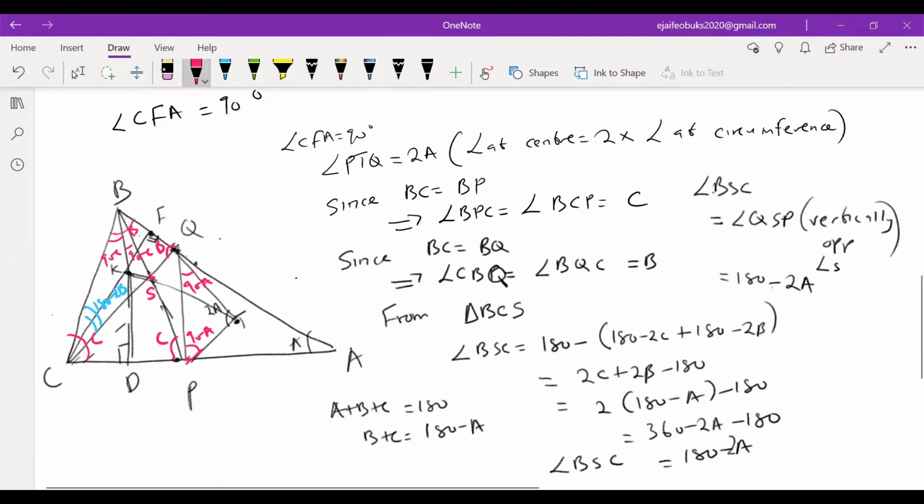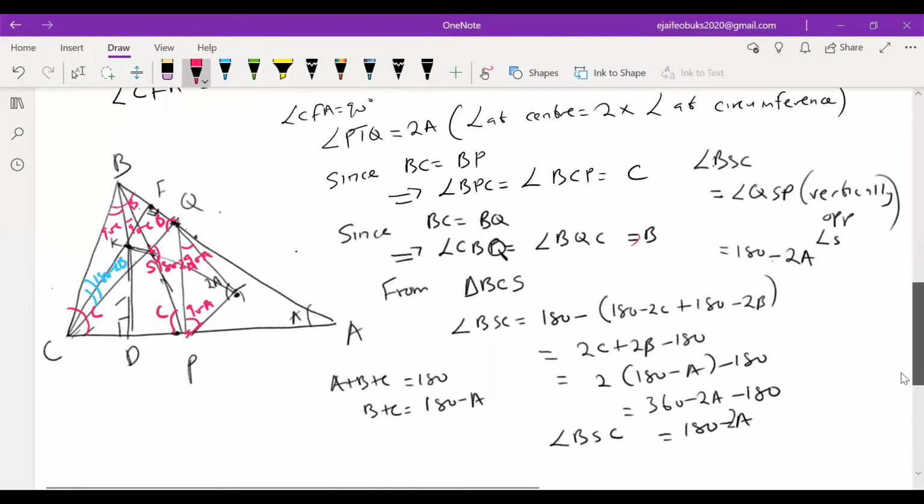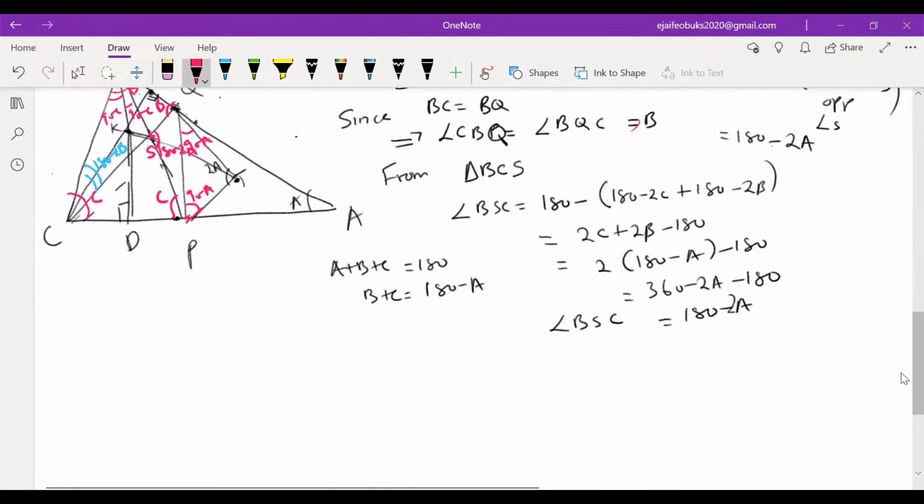So I'll write it here. This is 180 minus 2A.